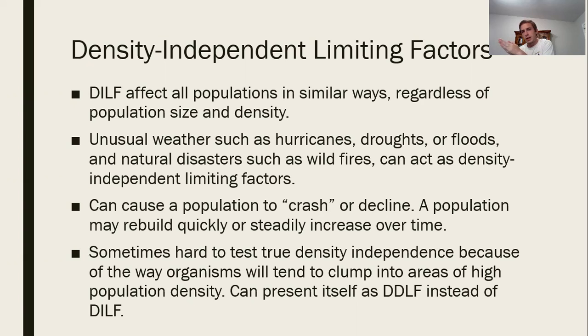Steady increase over time is going to be primary succession. So quick rebuild, secondary; steady over time, primary. And so this goes back to how the ecosystems are affected and how the populations come back even after a large natural disaster.